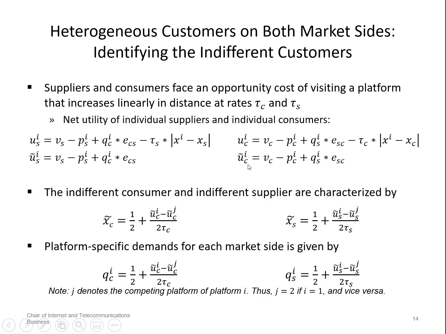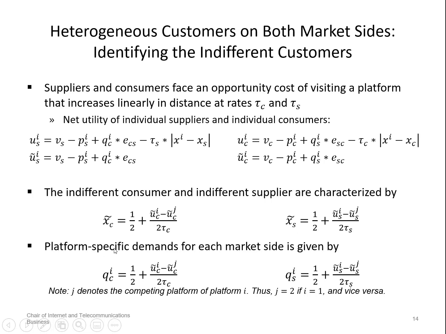Similarly for consumers, this is the standalone value and the prices plus the value that they obtain from the presence of suppliers on the platform. Then we can rewrite the indifferent consumer as follows. There's a standard Hotelling condition as well for consumers and for suppliers. These are the two indifferent consumers and suppliers.